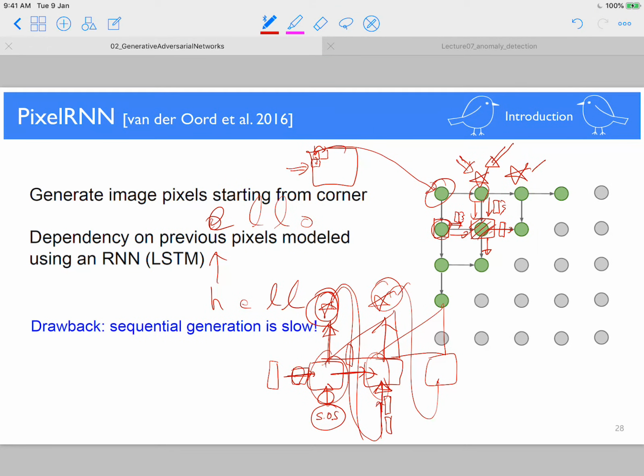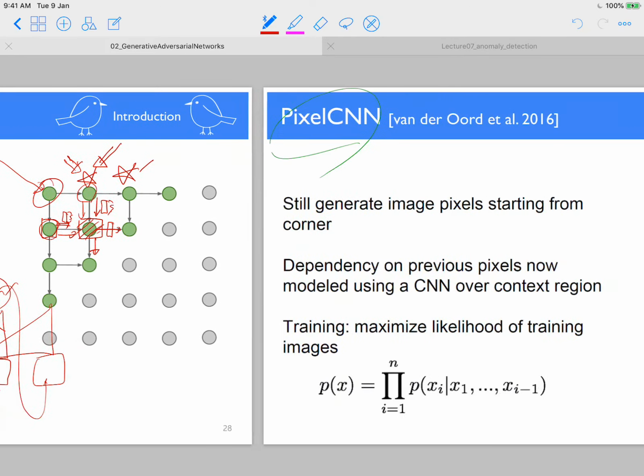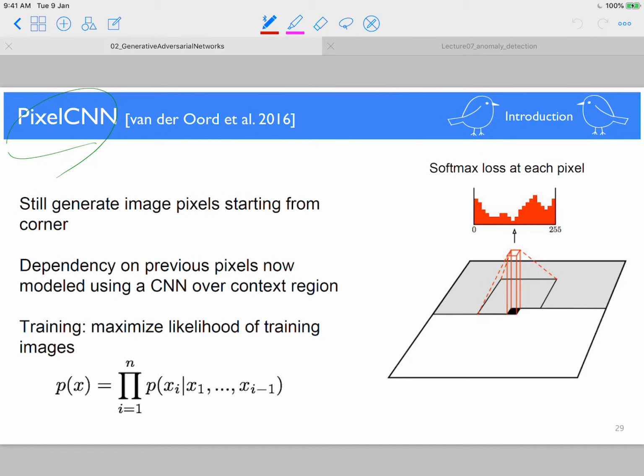So this RNN-based pixel generation can be replaced by a conv-based generation model.